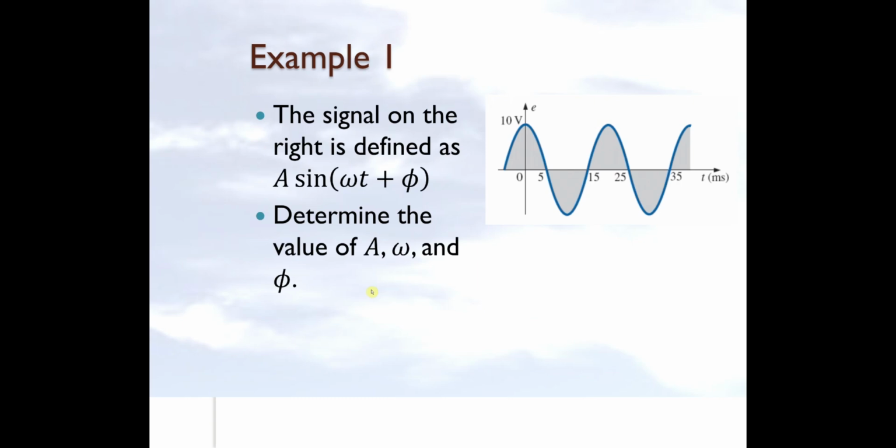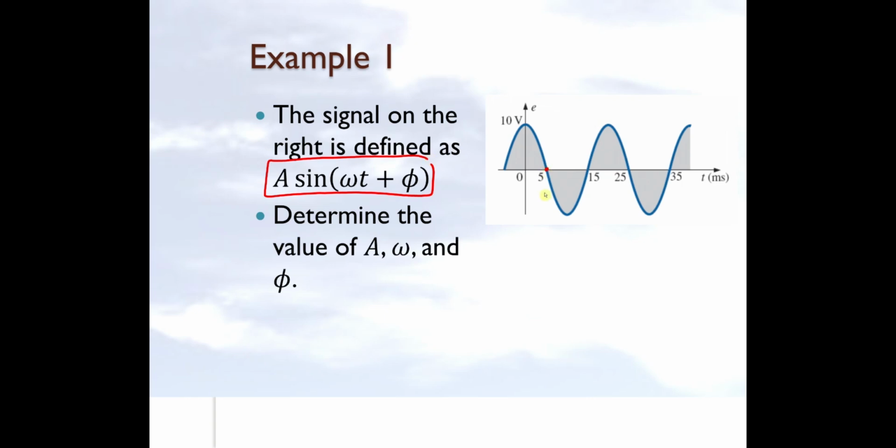On the right here we have the signal, and the signal should be modeled as a sine of omega t plus phi. We would like to determine the parameters of the sinusoid: amplitude, angular frequency, and phase shift. We can start with the frequency, but actually easier than the frequency is the period.